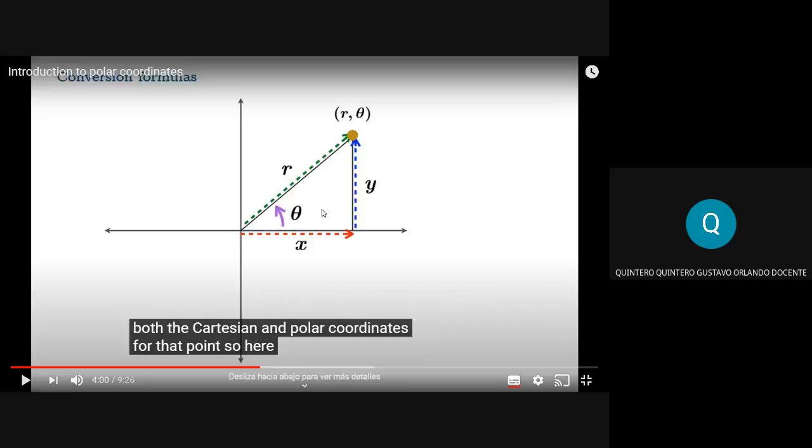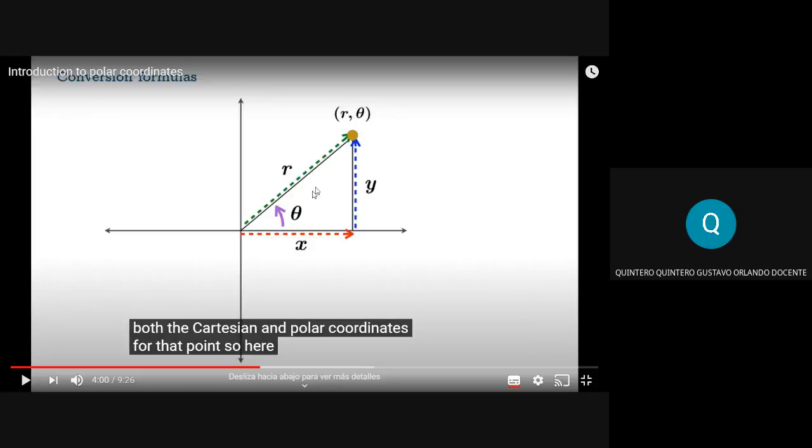And why is that? Because in just this drawing alone, I am showing you the definitions behind both coordinates. I am showing you that x and y are the distance in x and the distance in y, and those are the rectangular coordinates.